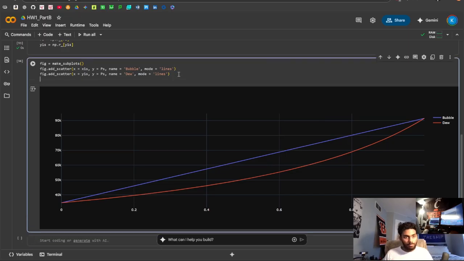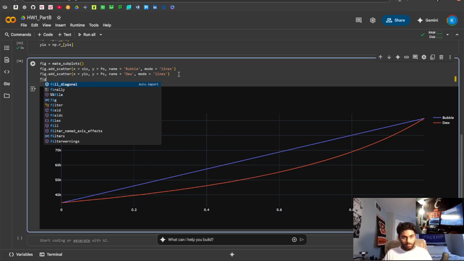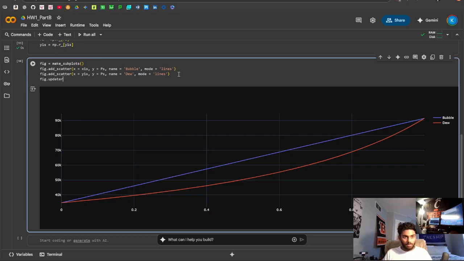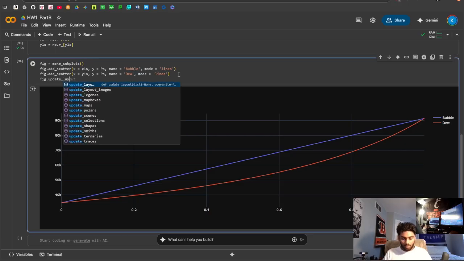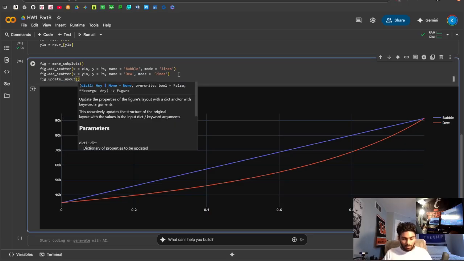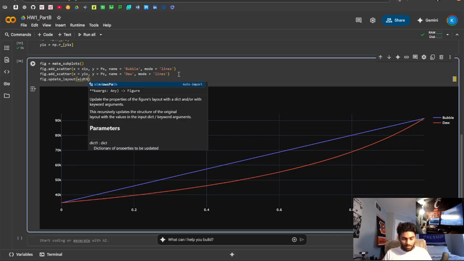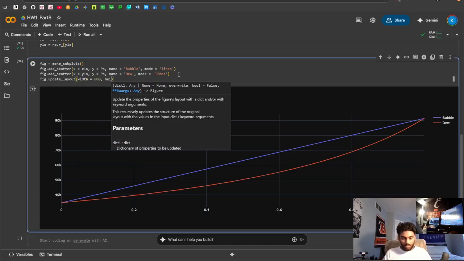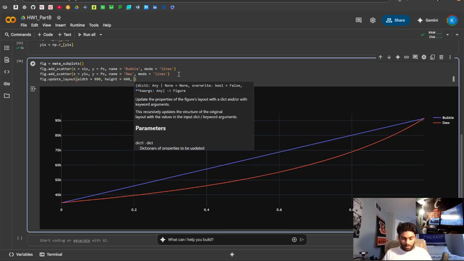I'm just going to make this look a little bit nicer. So update layout. We'll go with width 800, height 600. We'll add a title.